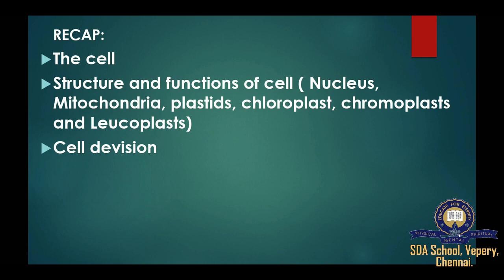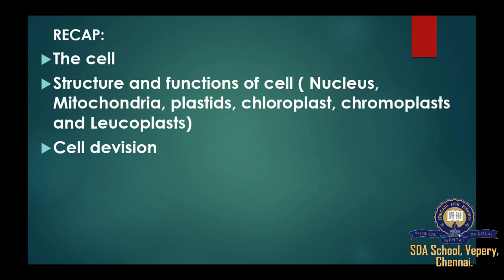So this is why they are called the powerhouse of the cell. The next one, plastids. Plastids are found only in plant cells. Chloroplast. These plastids have a green pigment called chlorophyll, which gives them their green color. Chromoplast. All the colored pigments other than green that we see in plants are produced and stored by chromoplasts.